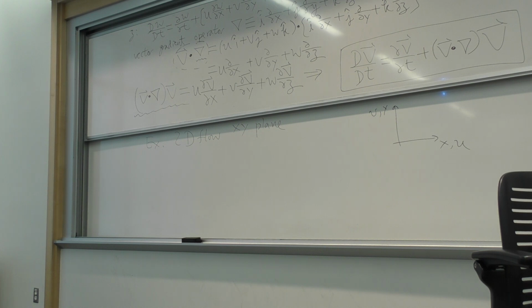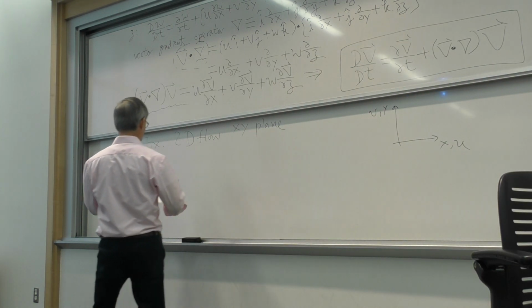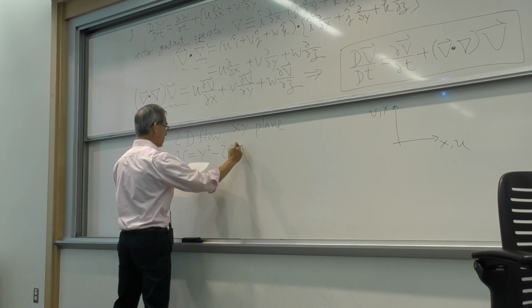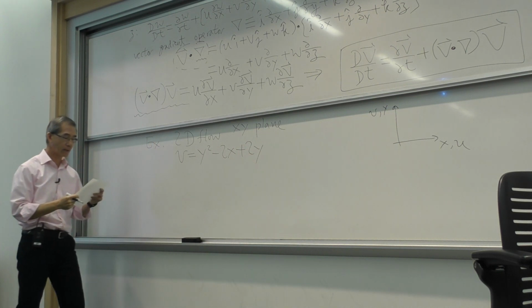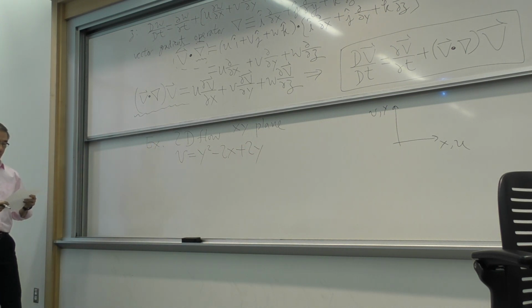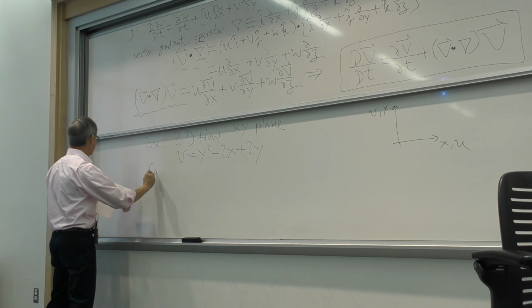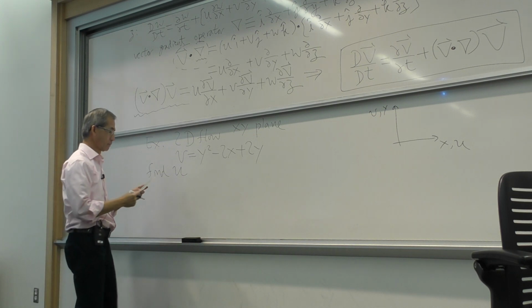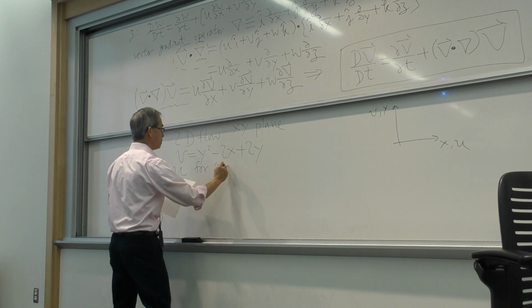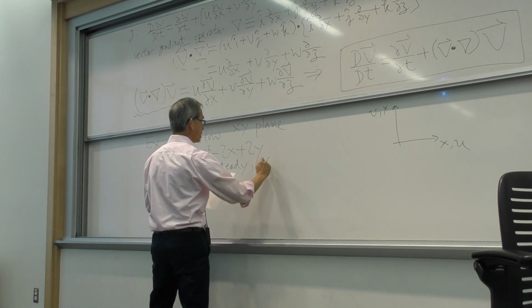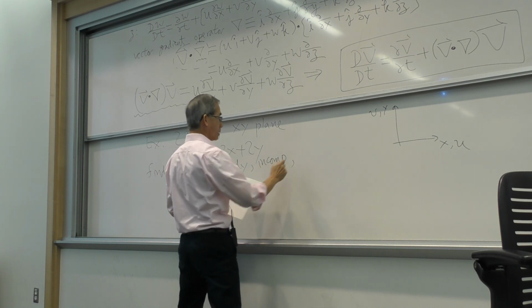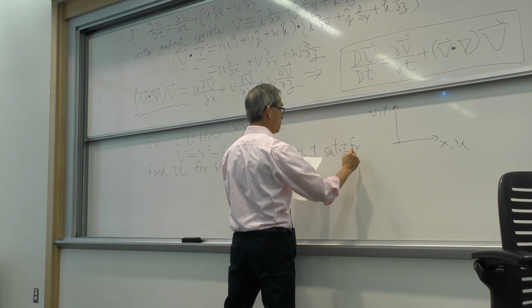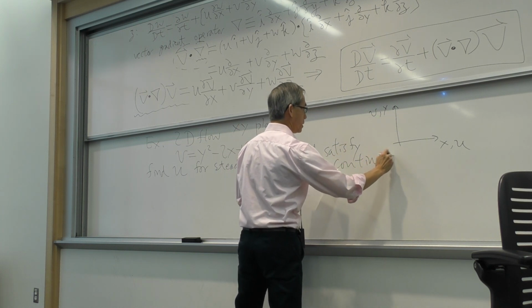So I have a 2D problem whereby the velocity is given by this expression, a function of x and y. And you are told, find me the corresponding u velocity, assuming it's steady, constant density, and it goes without saying, satisfying the continuity equation.